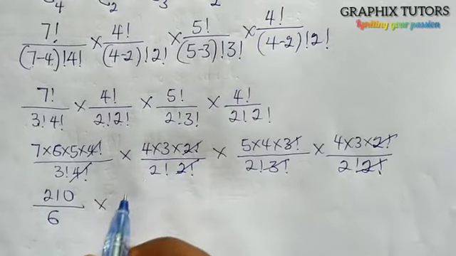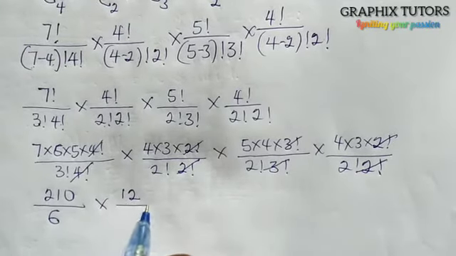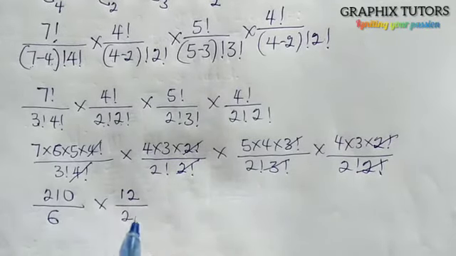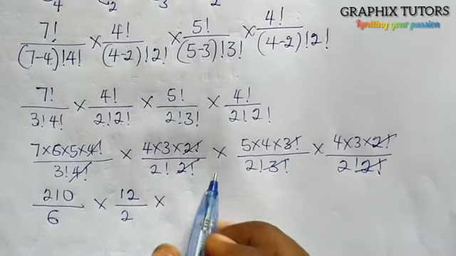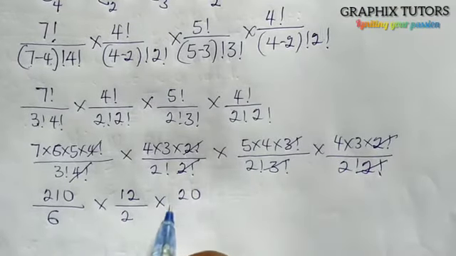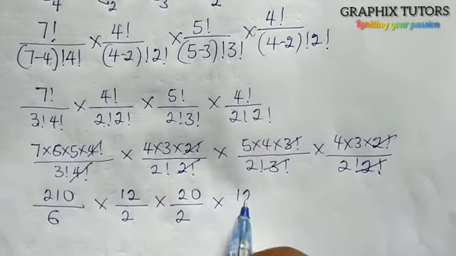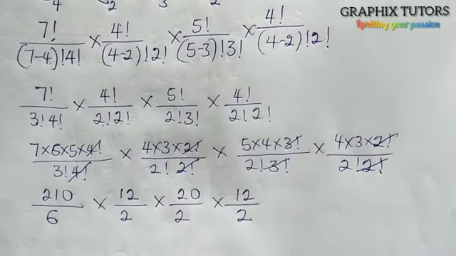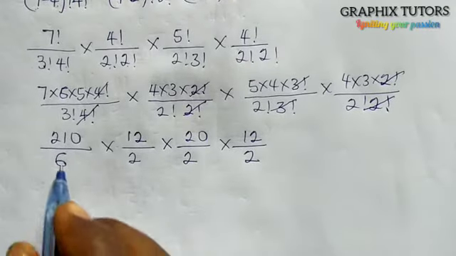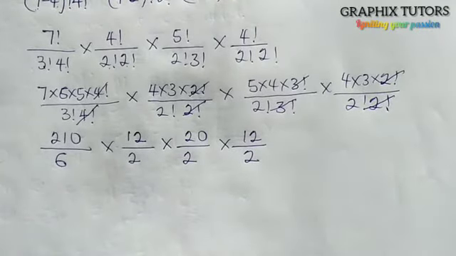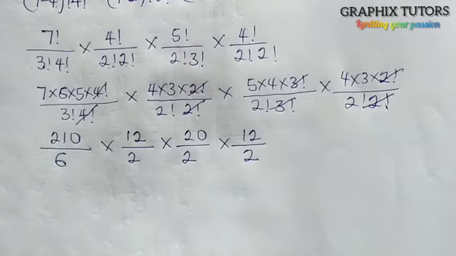Multiplied by 4 times 3 is what? 12, all over 2 factorial, which is 2 times 1, that is 2, multiplied by 5 times 4 is 20, divided by what? 2 factorial, which is 2, times 4 times 3 is what? 12, all over what? All over 2. So from here, 210 divided by 6 will give us 35.